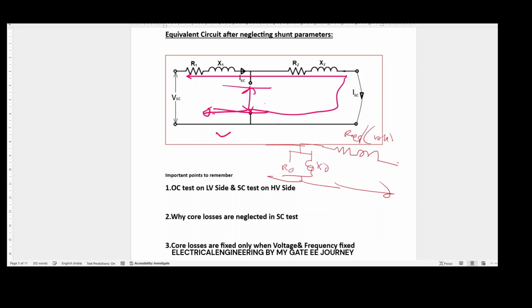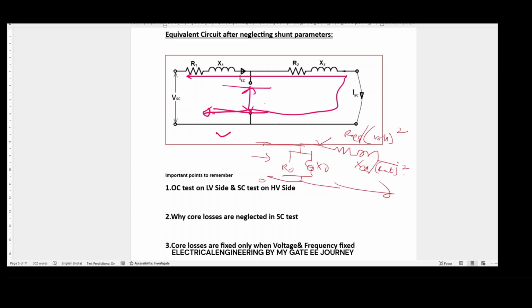In the same fashion, you can represent the entire circuit on the HV side also. There you just have to multiply R naught and X naught by ratio squared, and R equivalent and X equivalent remain the same. This is the procedure. Here, what are our key takeaways?